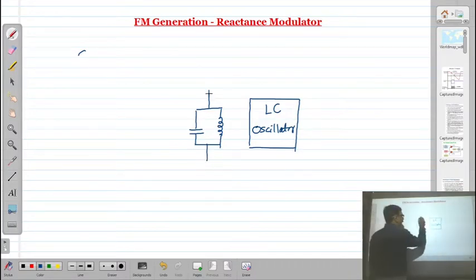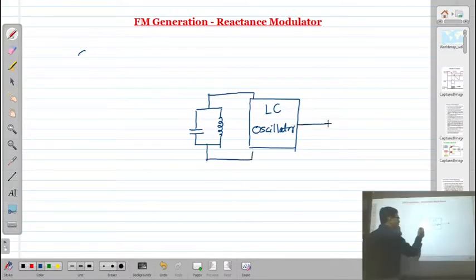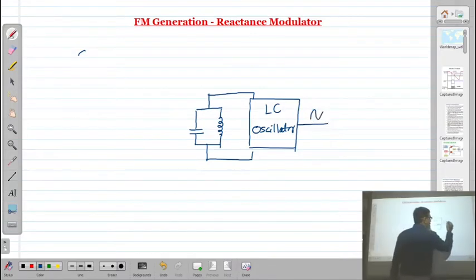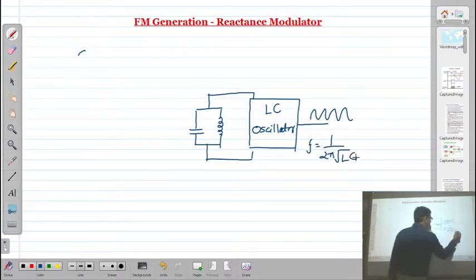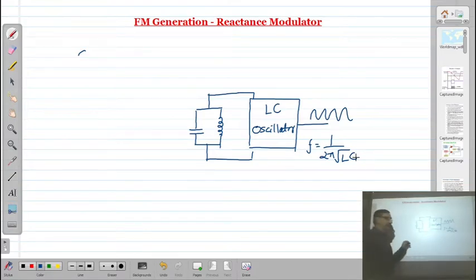Now this tank circuit will be a part of your oscillator circuit, and the frequency generated will be 1 upon 2 pi root LC. Correct? Now, if I am able to change the value of the capacitor or the inductor, then the generated frequency will also change.